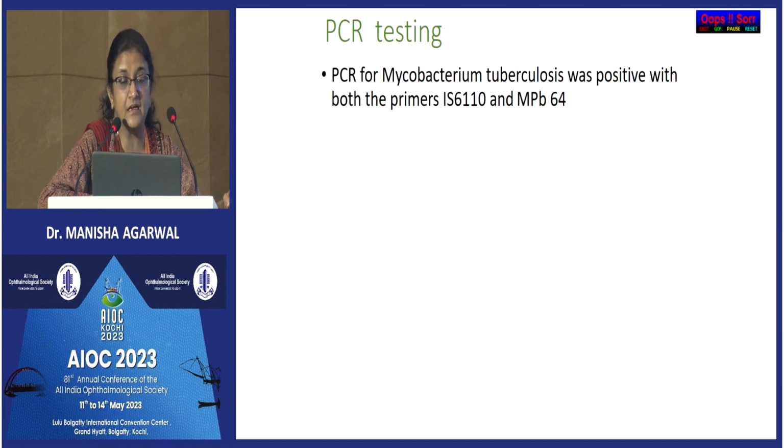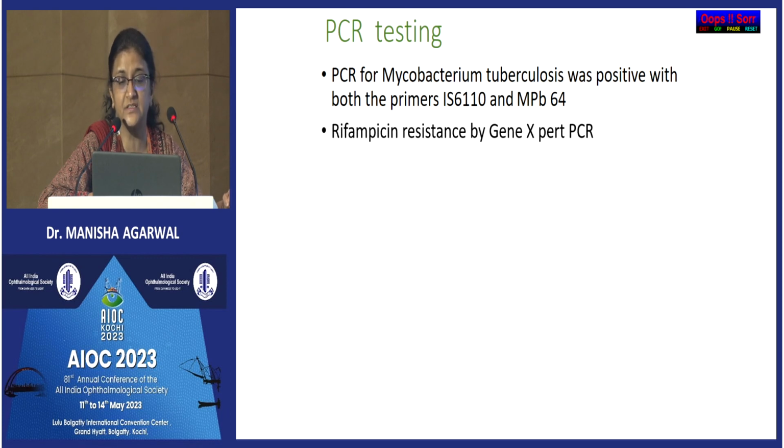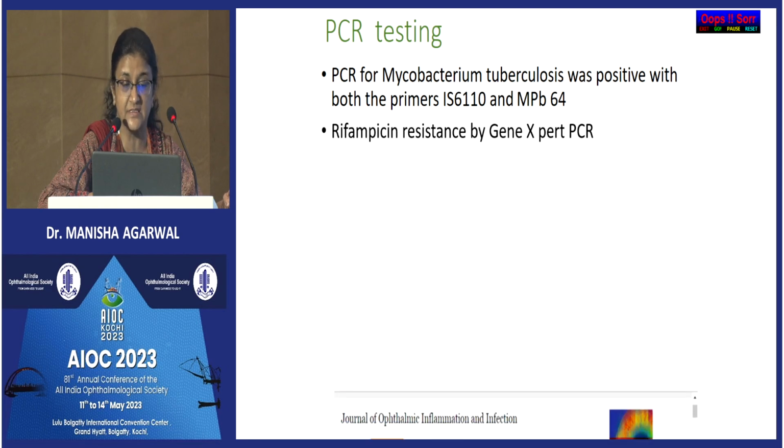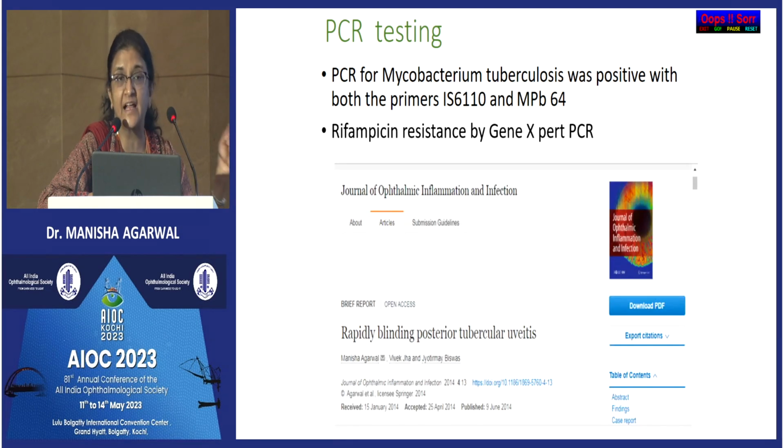So everything done. Now the PCR for Mycobacterium tuberculosis came out positive with both the primers, but also what we discovered this time was that the GeneXpert PCR showed that the patient had rifampicin resistance. And this patient was actually suffering from a multi-drug resistant tuberculosis and therefore kept deteriorating despite being on ATT and steroids.